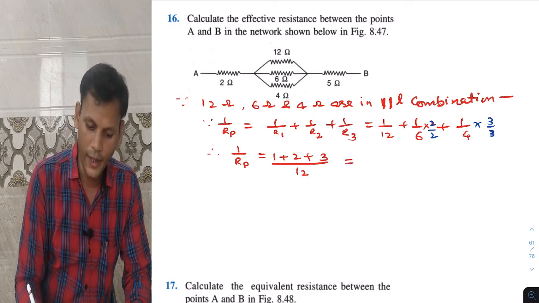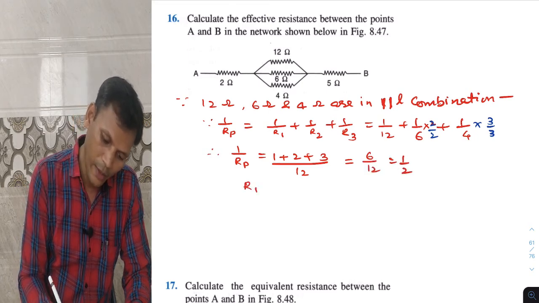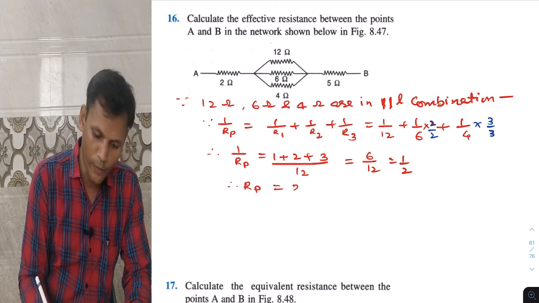So 6 by 12, which is 1 by 2. Therefore Rp becomes 2 ohm.